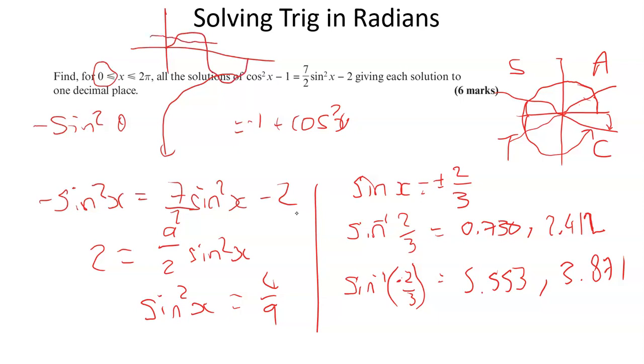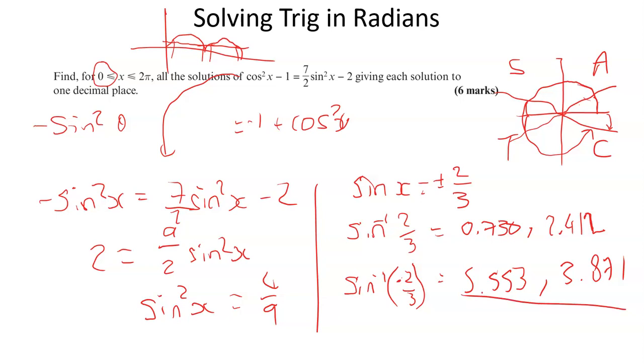But because we've squared it, it's going to look, well, actually, I'm not sure it does grow, does it? It's not going to grow any taller, but it is going to probably be a bit wider and flatter. And then the second one is now positive, because when you square negative numbers, they go positive. And so here you can see that there are 1, 2, 3, 4 answers, and those are them in radians.